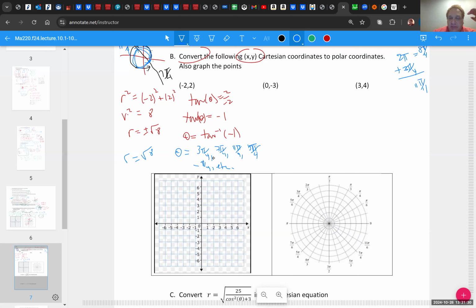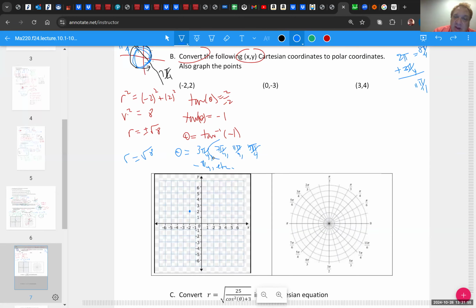So let me graph this -2 comma 2. It is right here. So we want a point that ends up there. So if we do a radial value of square root of 8, which is the diagonal here, 2.8 something, right? Then we want the angle to be in the second quadrant.